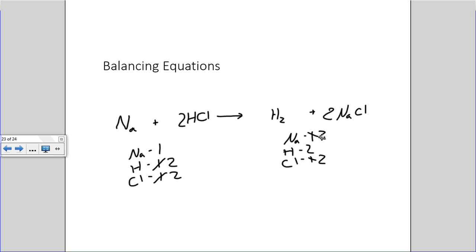Finally, our Na's aren't balanced, so if I put a 2 here, 2 times Na is 2. It won't change this. So at the end, I've got 2 Na's on both sides, 2 H's on both sides, and 2 Cl's on both sides, meaning that I am balanced.